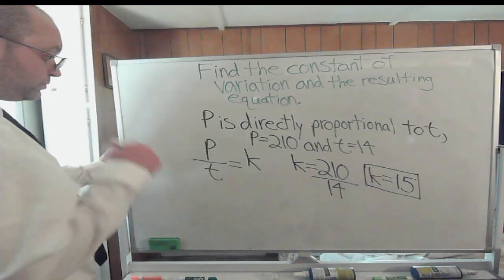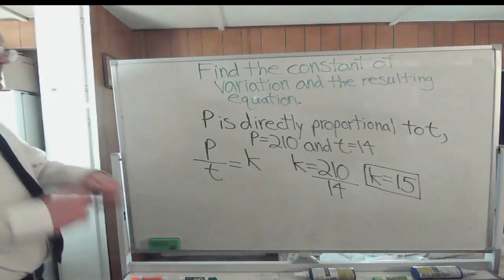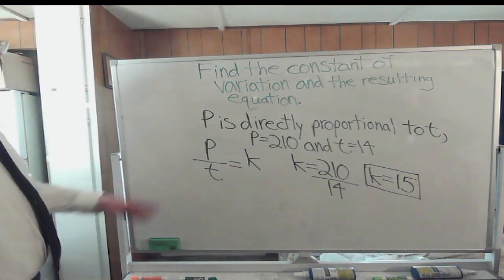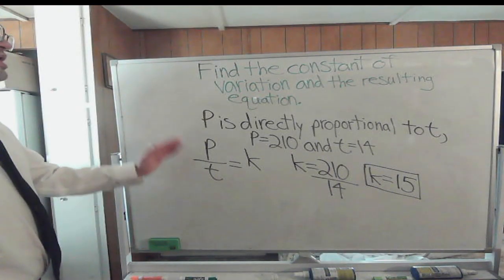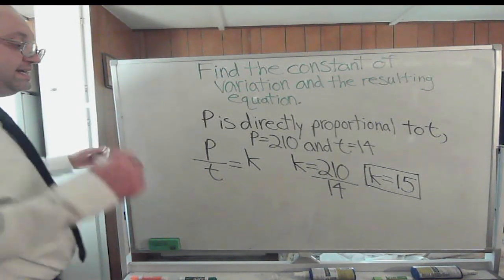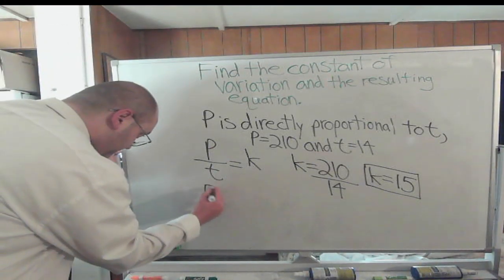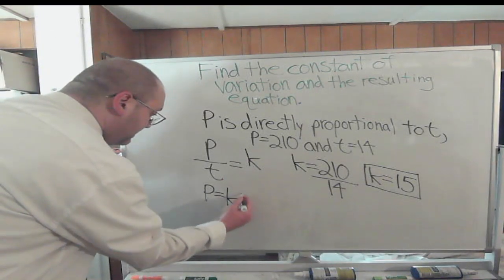So in order to make it P varies directly as T, that means we have to get the T out of the left-hand side, move it over to the right. Since you have a T in the denominator, you got to multiply both sides by T. If you multiply the left side by T, you just get P. Then you multiply the right side by T, you get KT.